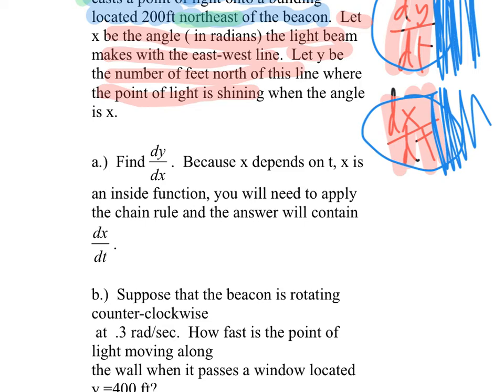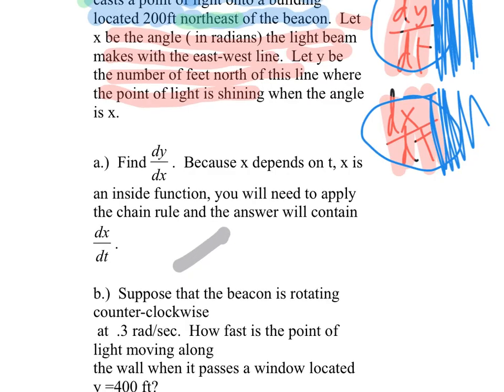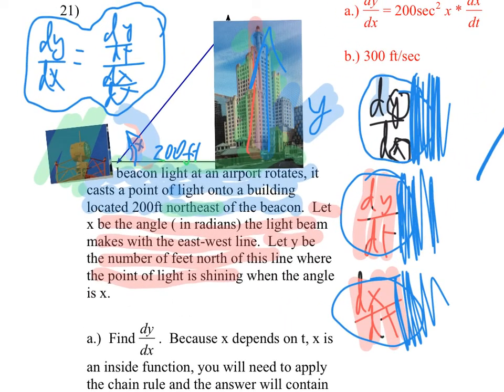Alrighty, so when we looked at the triangle, we have 200, y, and we have the angle x. So if I use my trigonometric knowledge, tangent of x equals y over 200.